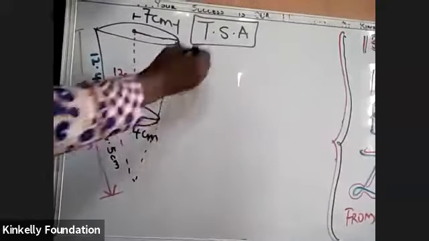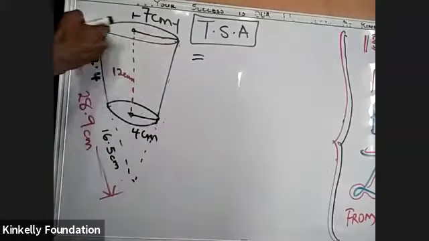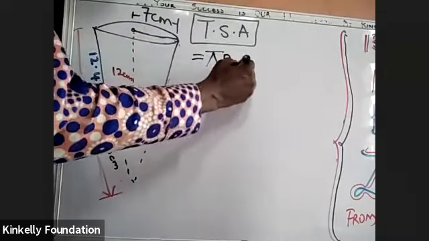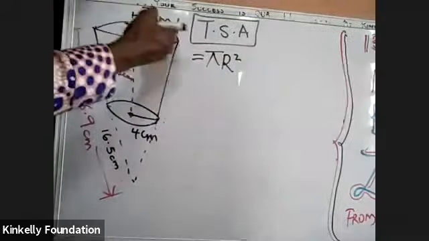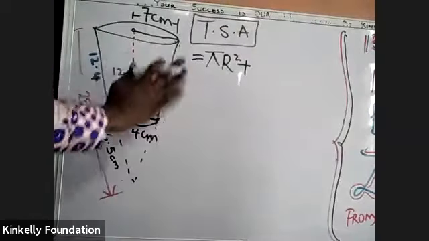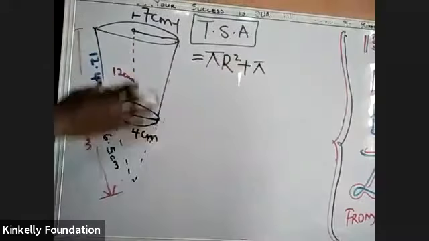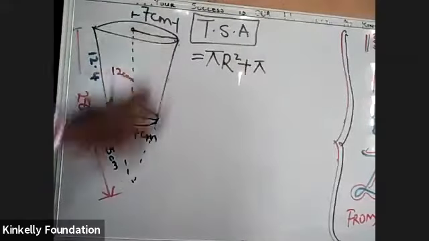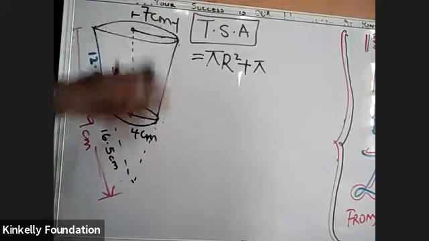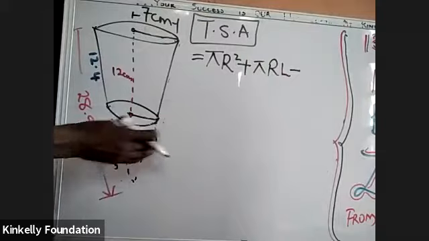The TSA of this gives us, let's start with this: the bigger base, bigger circle, plus the curved surface area of the whole of this thing, minus the curved surface area of the smaller one.